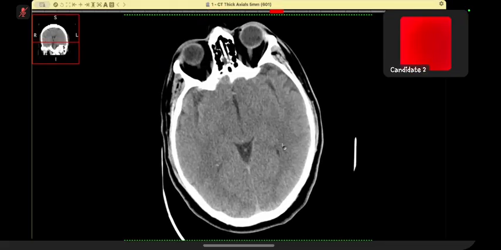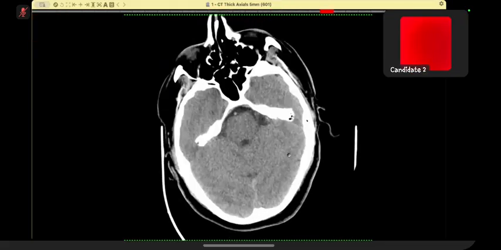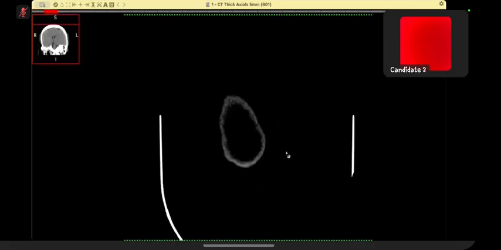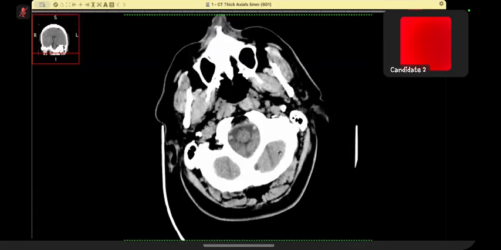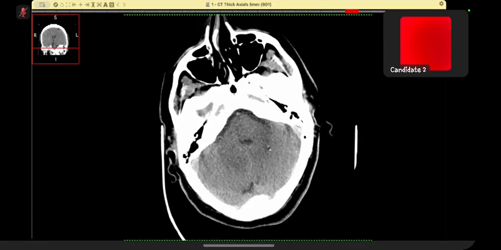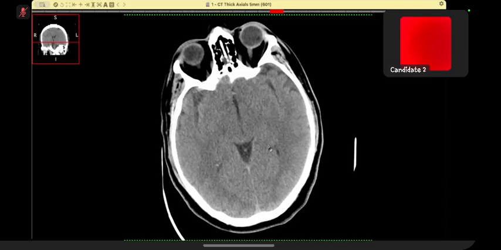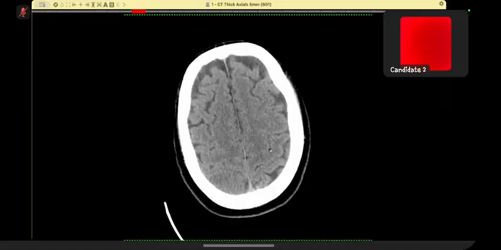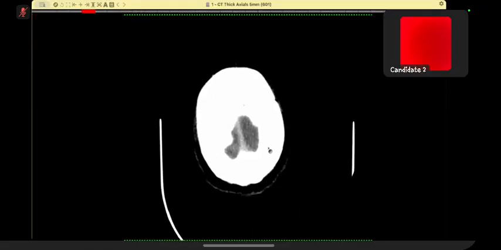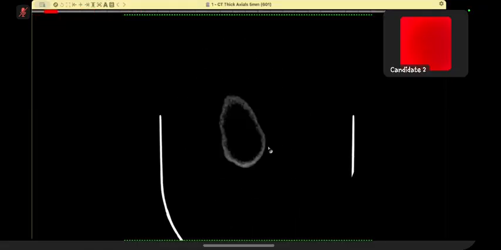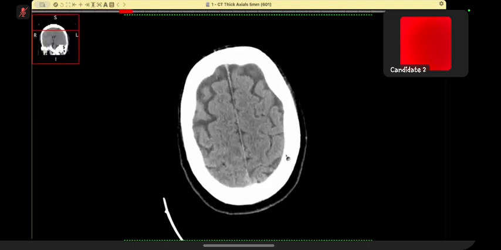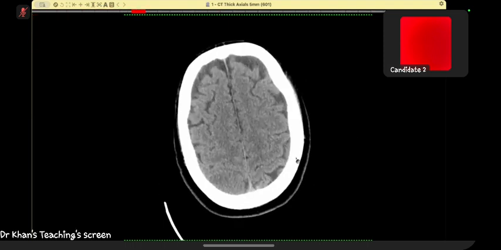Okay, so this is a 47-year-old patient who has a chronic headache. I'll just take a moment to scroll through the set of images before I start describing. I'll go through the entire stack of images. I'm not seeing any definite abnormalities, so I'll have to look at the review areas.